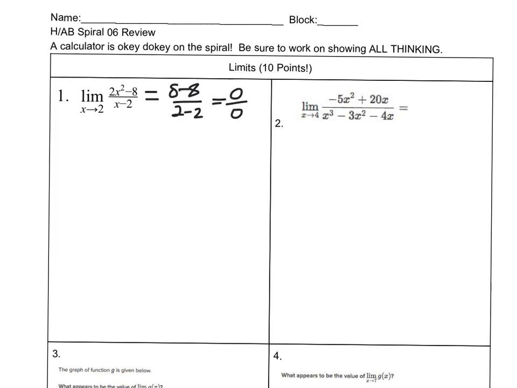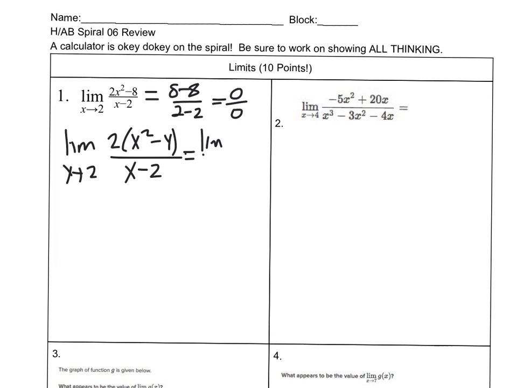I noticed that at first I can factor out a 2. That leaves me with x squared minus 4, and on the bottom we get x minus 2. I might also notice that the top now is a difference of two squares.